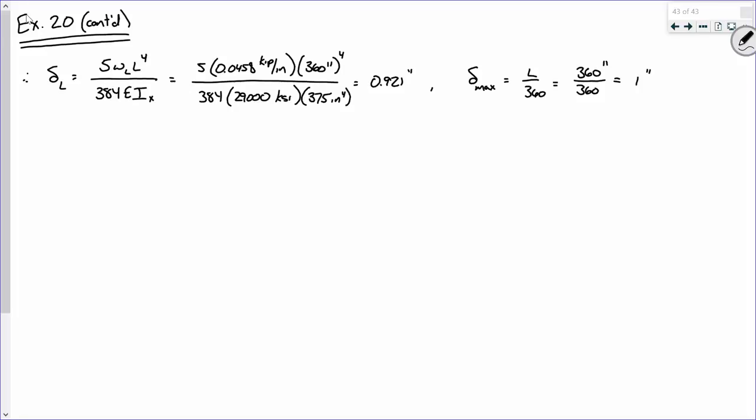In other words, the beam is strong. The capacity wasn't the issue. It was the deflection limits. Okay? Make sense? Yeah, you're right. But if we were in design mode, that's what would govern. Make sense? Okay.